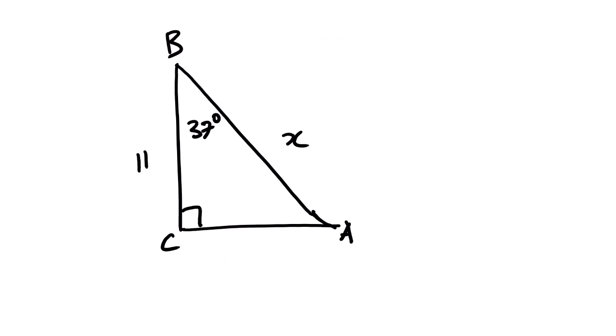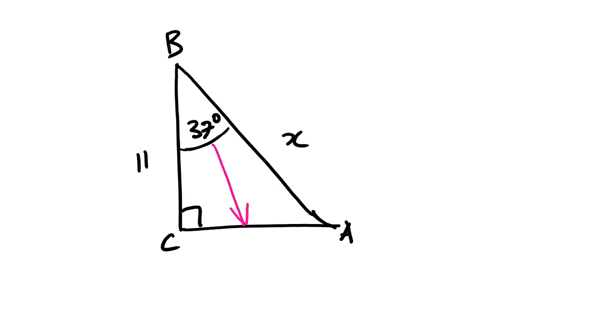This question is a bit different, but we are still using those three trig ratios. This one is solve for x, and we are given one of the angles as 37 degrees, and we can see our 90 degrees, and we are given this side as 11. Now we need to analyze as usual.